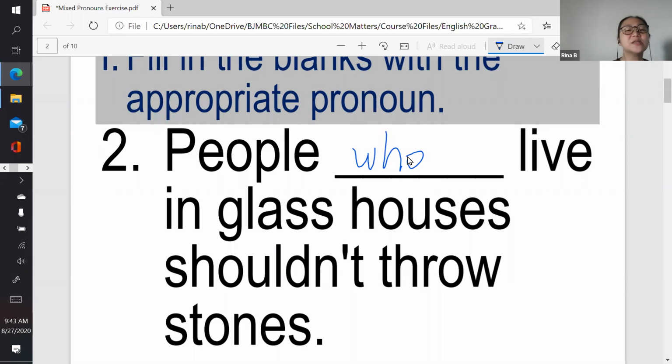Although technically, because it's clear that we're talking about people, then who really is the best answer. But that could be possible. The word that could be possible if the subject is not clearly referring to a person. Anybody else?